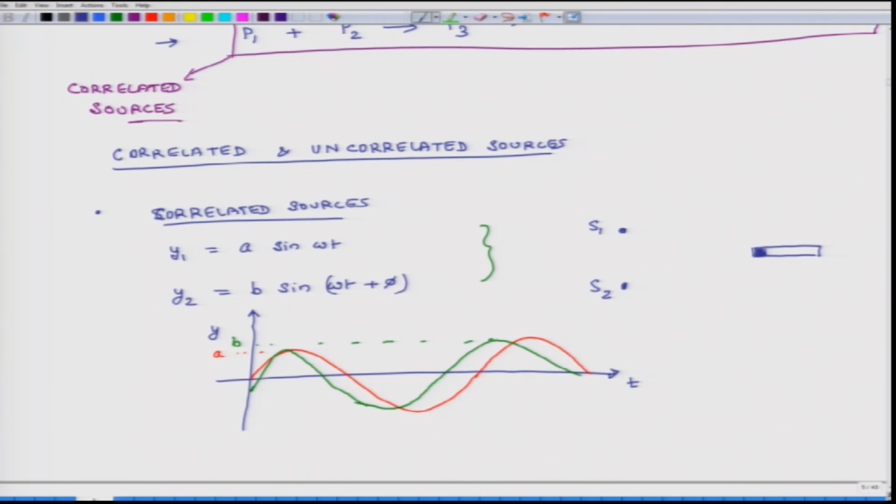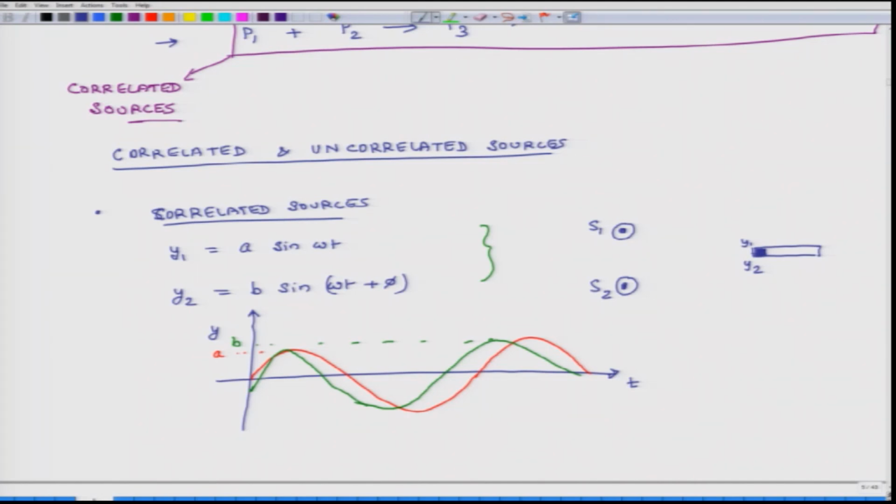If the signal at the location of measurement, which is here, not at S1 or S2, is Y1 because of S1 and Y2 because of S2, then if both the sources are active, what will be the total signal? It will be Y1 plus Y2.